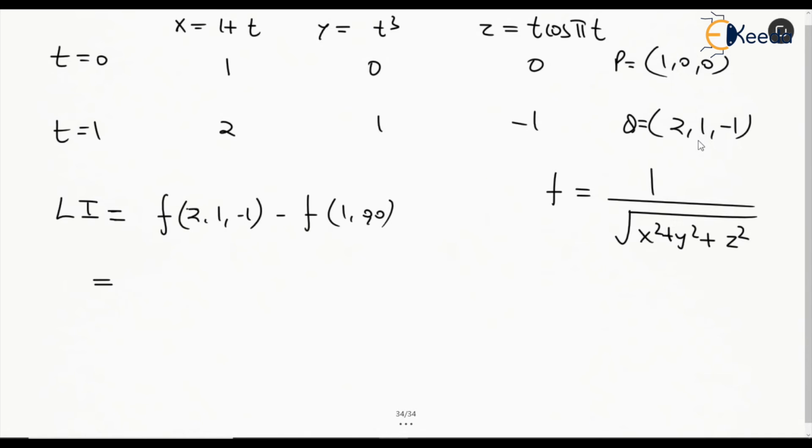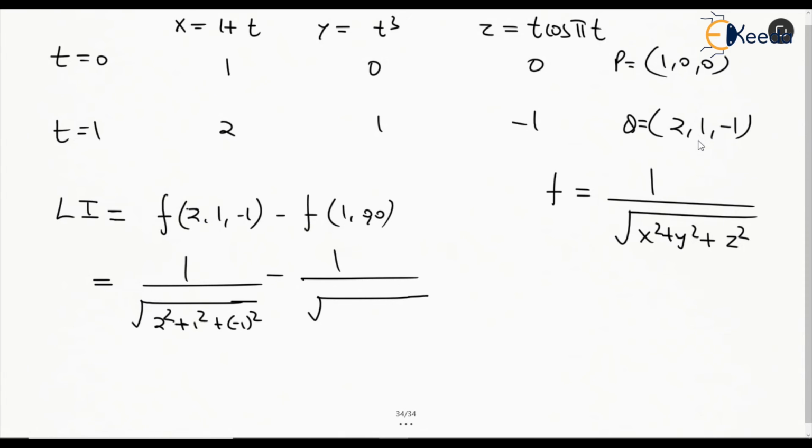So in that case, this value is going to be, we can put 2 square plus 1 square plus minus 1 square, minus 1 square plus 0 square plus 0 square. So this is nothing but 1 by under root of 6 minus 1, and this will be the answer.